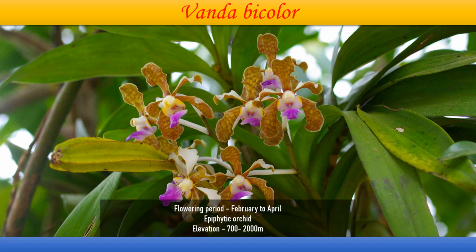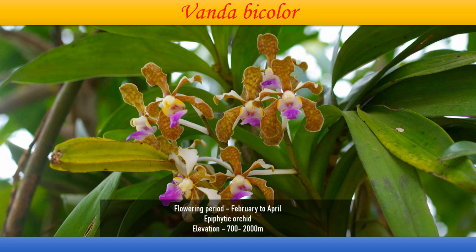and Vanda bicolor is commonly known as bicolor Vanda also. And since it is a small size orchid, it grows on trees with a leafy stem enveloped almost completely by the leaf sheaths, each carrying oblong and curved leaves. And the flowers, as you can see, are yellowish to brown inside and violet externally.